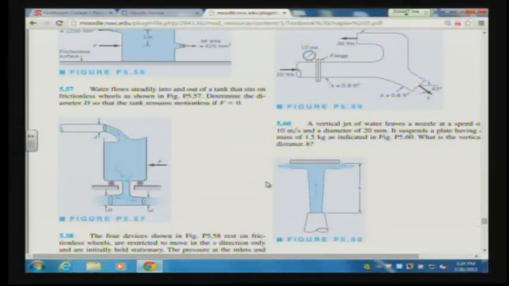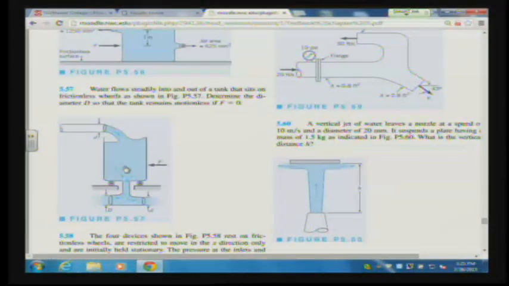All right, so 5.57 is over here, and it says water flows steadily into and out of a tank that sits on a frictionless wheelbase, as shown in the figure. Determine the diameter D so that the tank remains motionless if F equals 0. So what's happening here? We have water being added to a tank from this pipe, which has diameter small d.